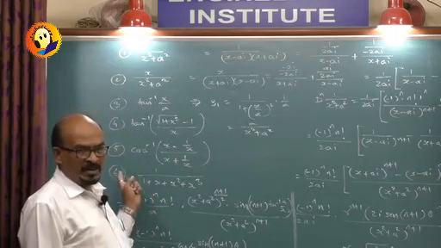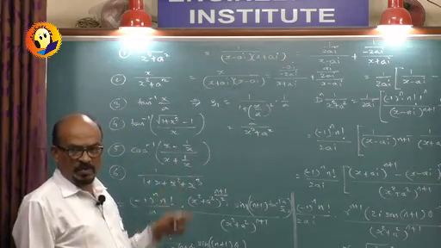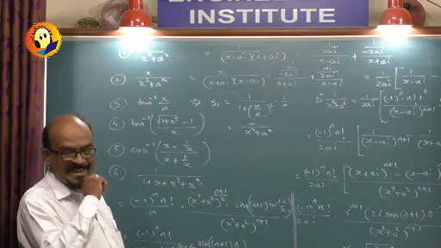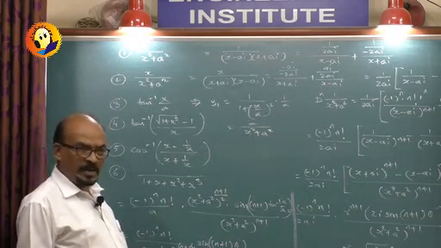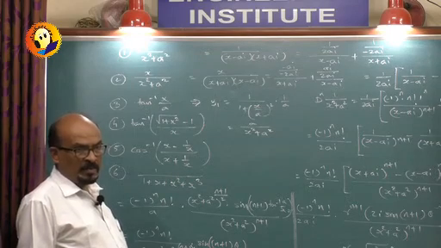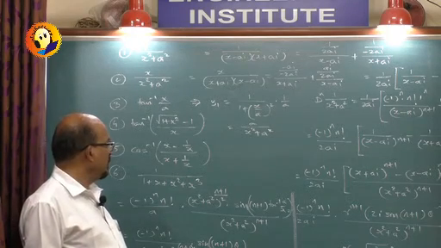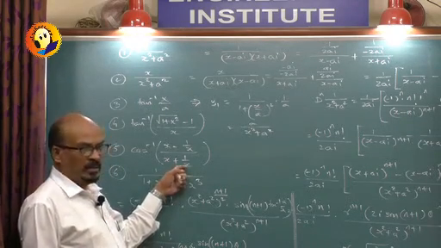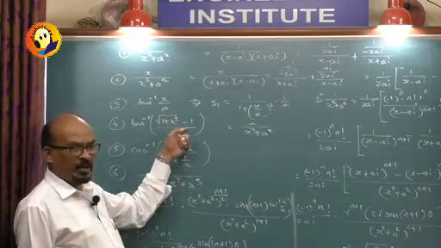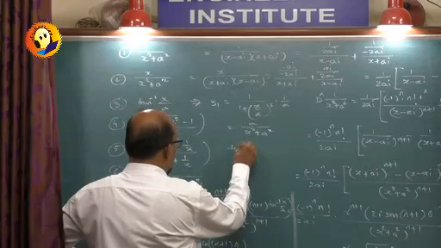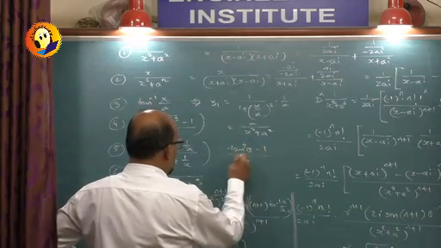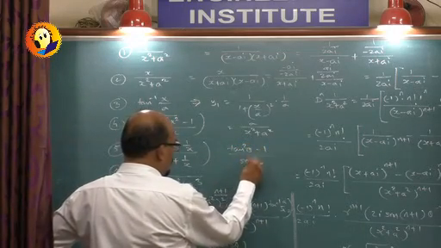It becomes tan square minus 1 upon tan square plus 1 in that case. Or still, it will still work. This will be sec square, and you will have to multiply by cos square in the numerator. So let me check. It becomes tan square theta minus 1 upon tan square theta plus 1, which is sec square theta.